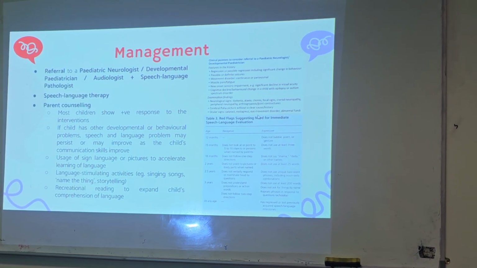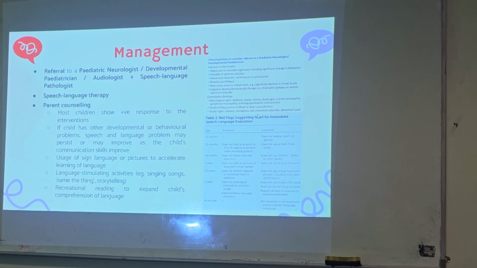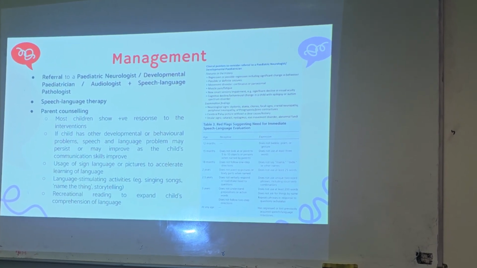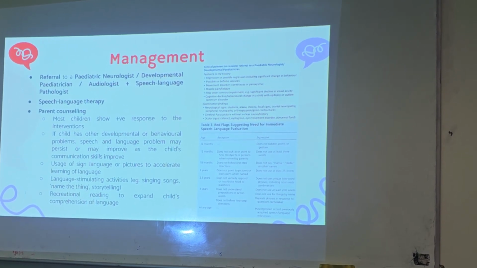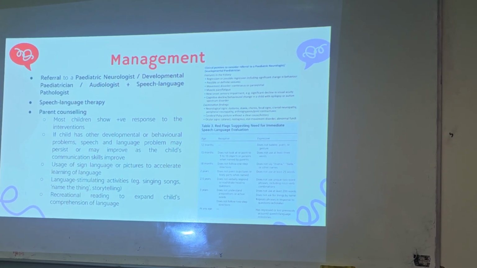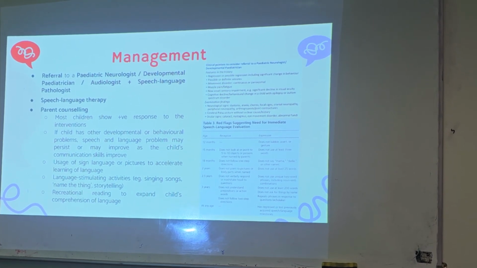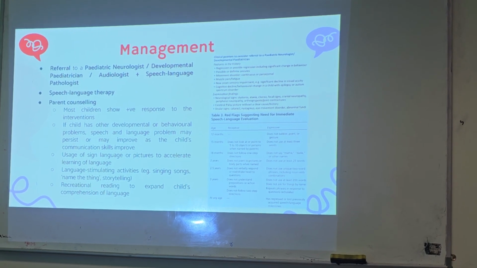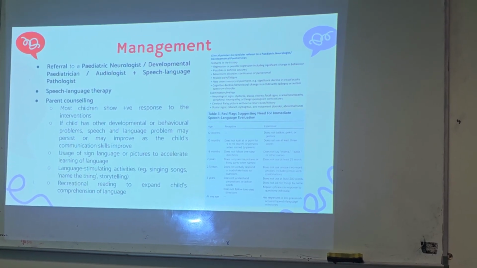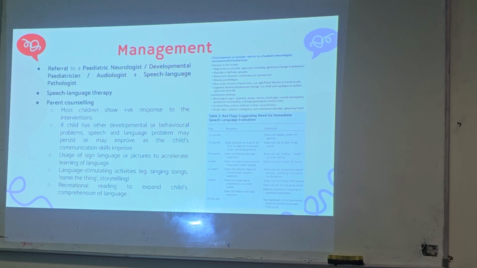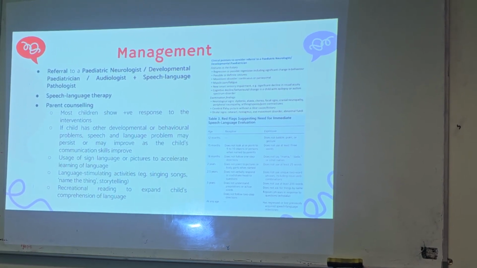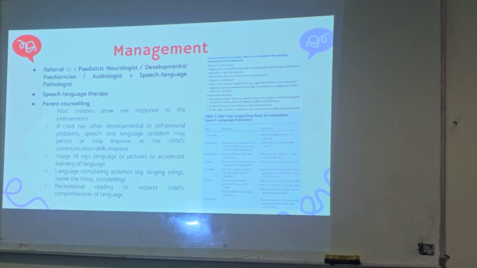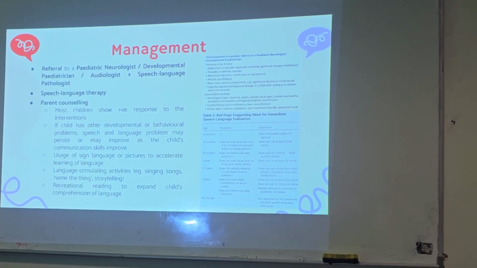But from our part, the most important thing we want to do is to counsel the patient. First, you might want to monitor and review them frequently. Sometimes they might ask you about how speech language therapy works. According to the available data, most children do show a positive response to interventions such as speech language therapy, or if they have a problem with their hearing or neurological abnormalities, once treated, they usually still show some improvement in their speech and language skills.